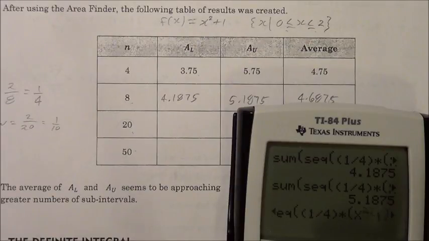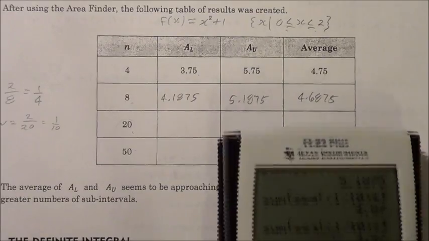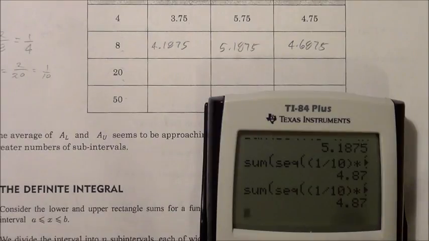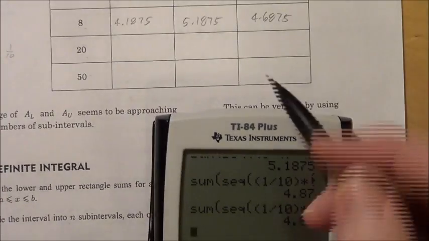I'll change the width to 1/10, as opposed to 1/4 which we used before, and we get 4.87 as the upper area.